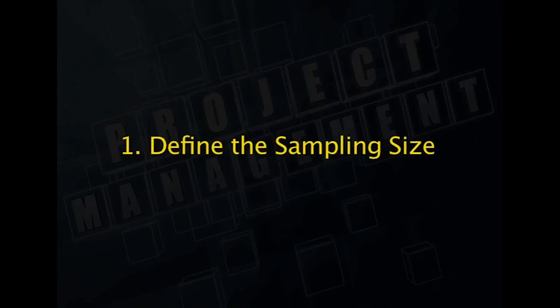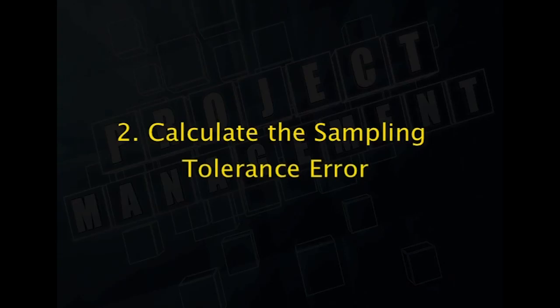There are 5 steps in sampling. First, define the sample size. That is, a sample size of 100 respondents is often cited as a minimal number for a large population. Second, calculate the sampling tolerance error.